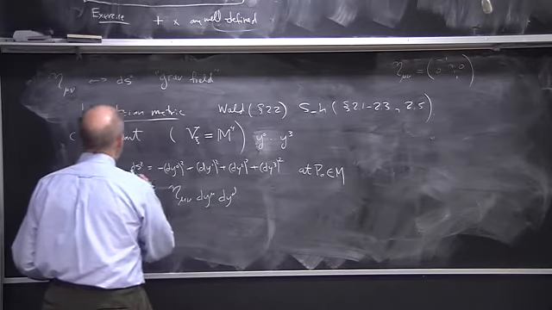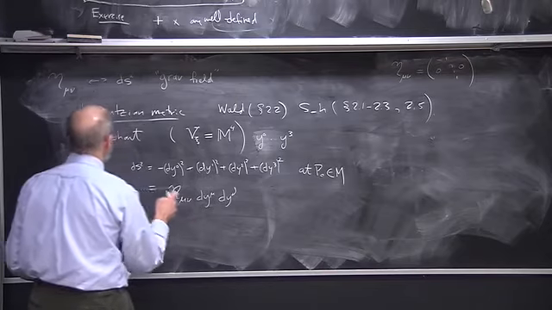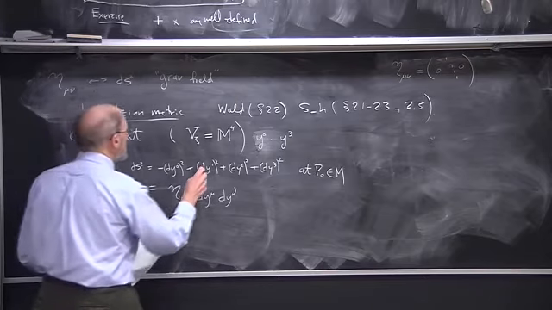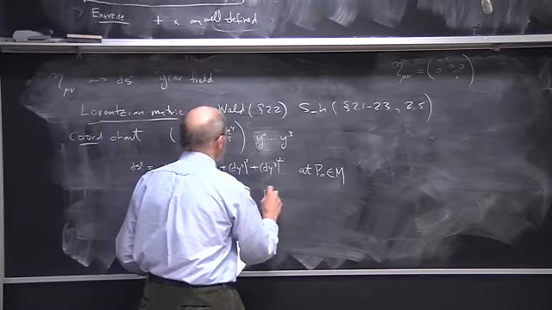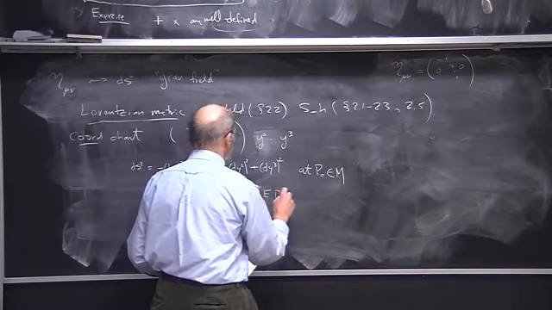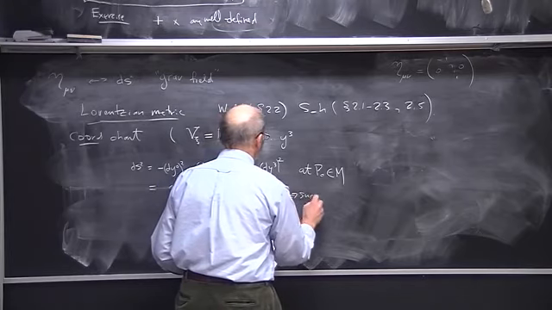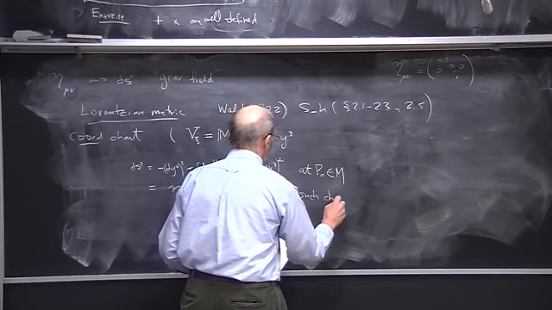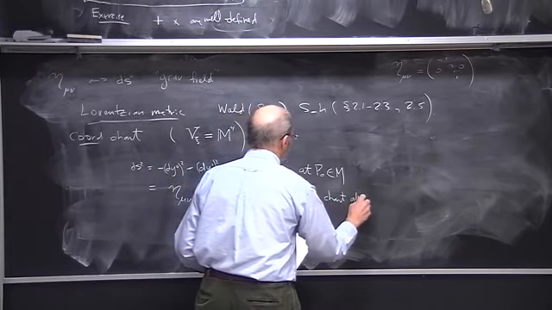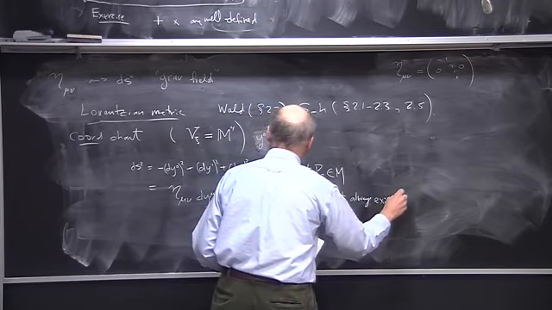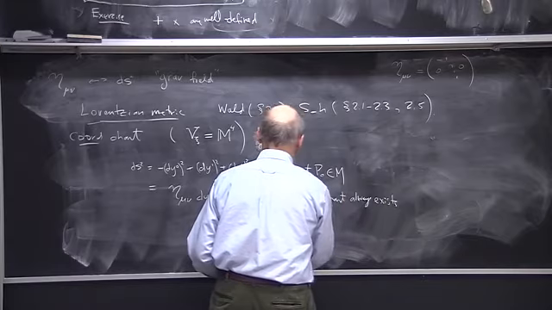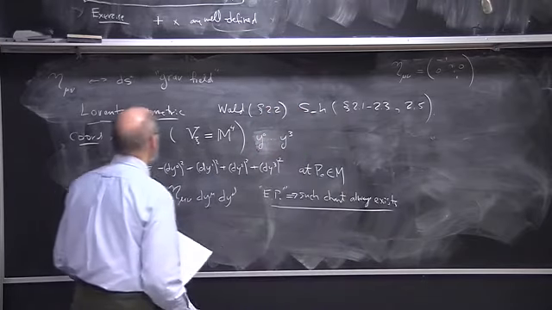So the equivalence principle says that such a chart always exists. That'll be our assumption.